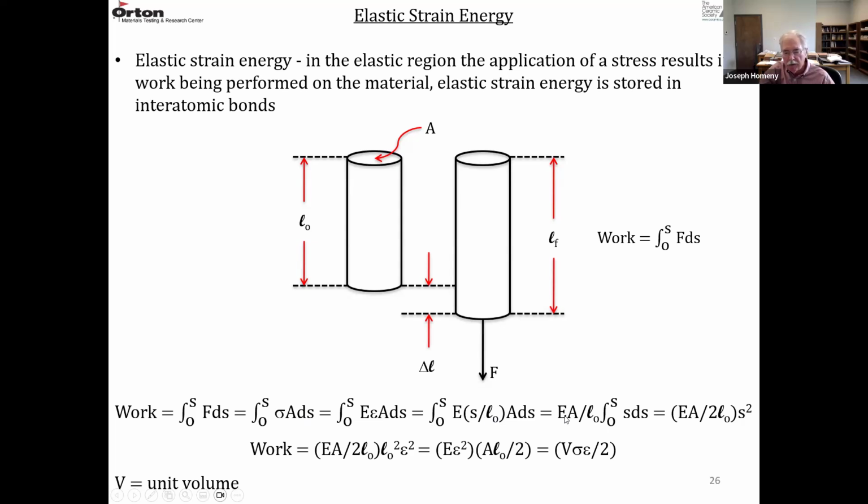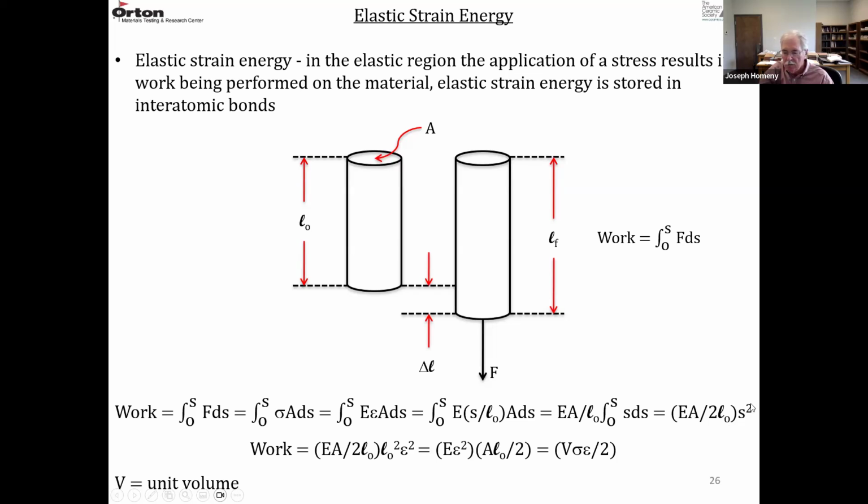And we pull out the constants. E is a constant. The area is basically a constant. L0, the initial length, is a constant. We integrate from 0 to S, S ds. So the work equals the elastic modulus times the area divided by 2 times the initial length L0 times the deflection squared, S squared.